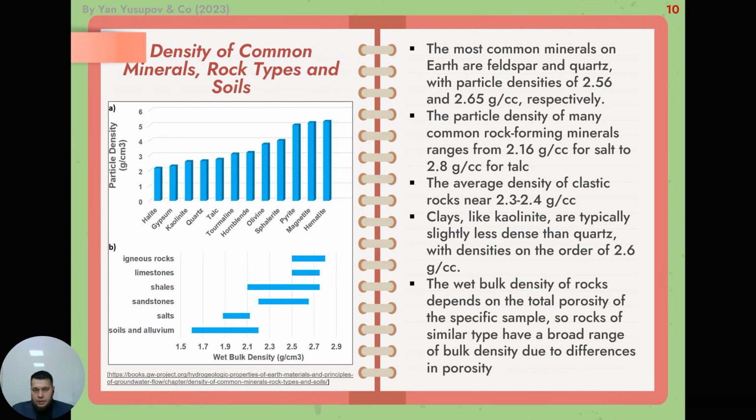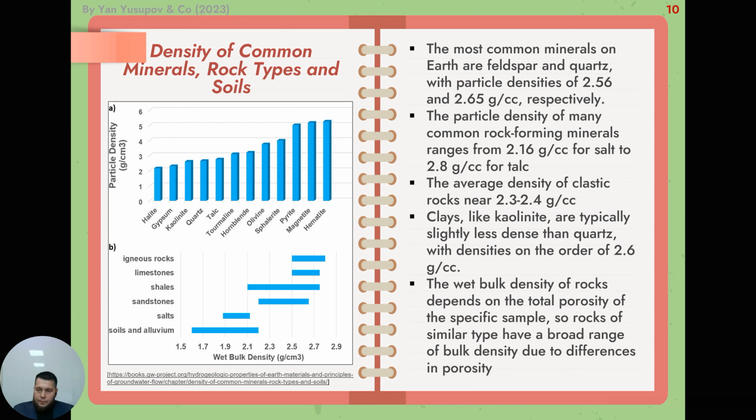The most common minerals on Earth are feldspar and quartz with particle densities of 2.56 and 2.65 grams per cubic centimeter respectively.